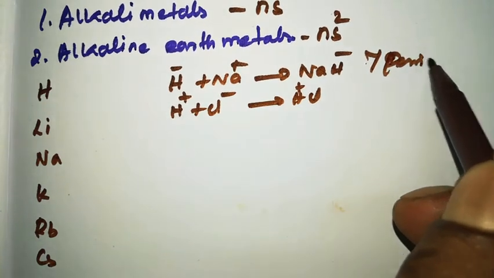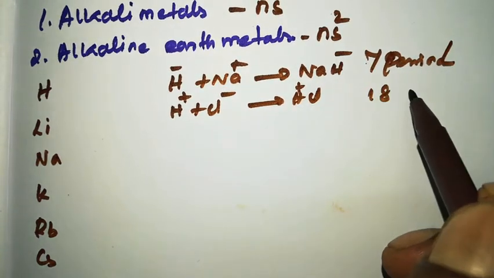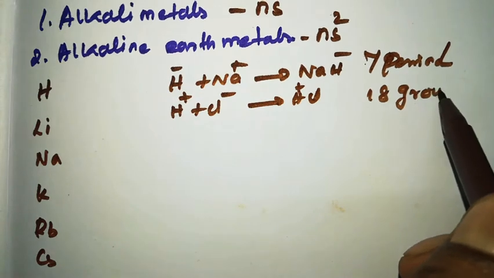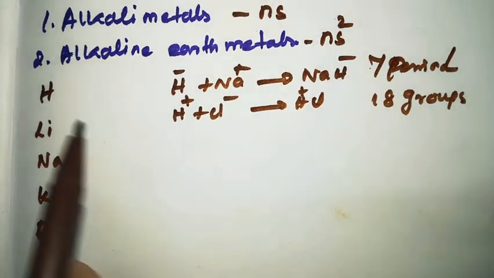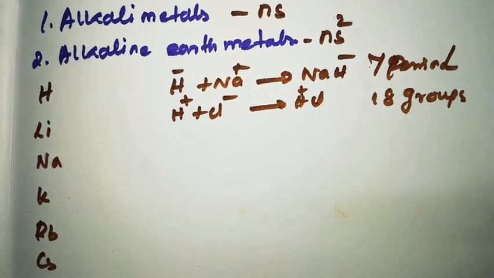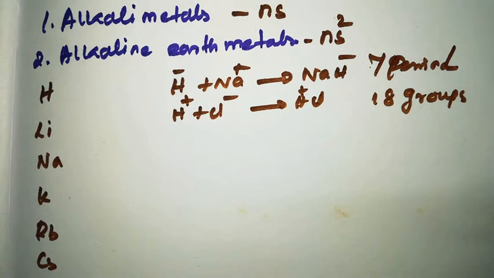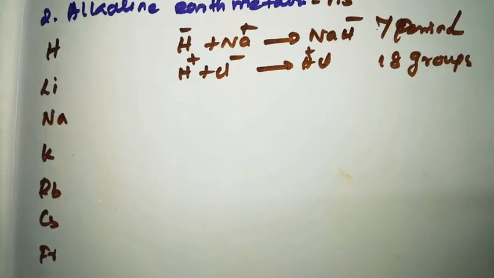The first group elements are the alkali metals: hydrogen, lithium, sodium, potassium, rubidium, cesium, and francium.